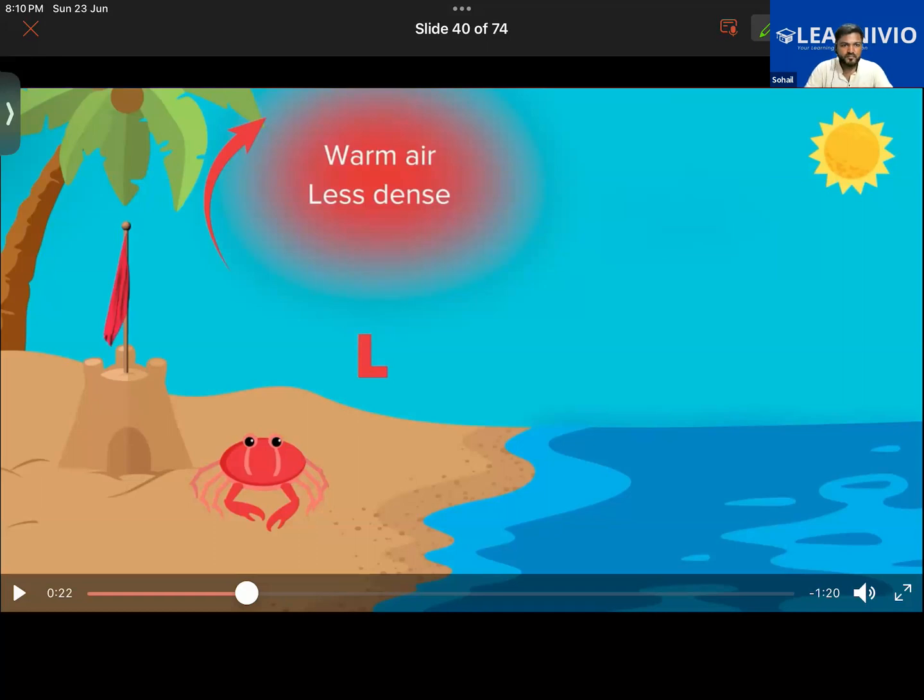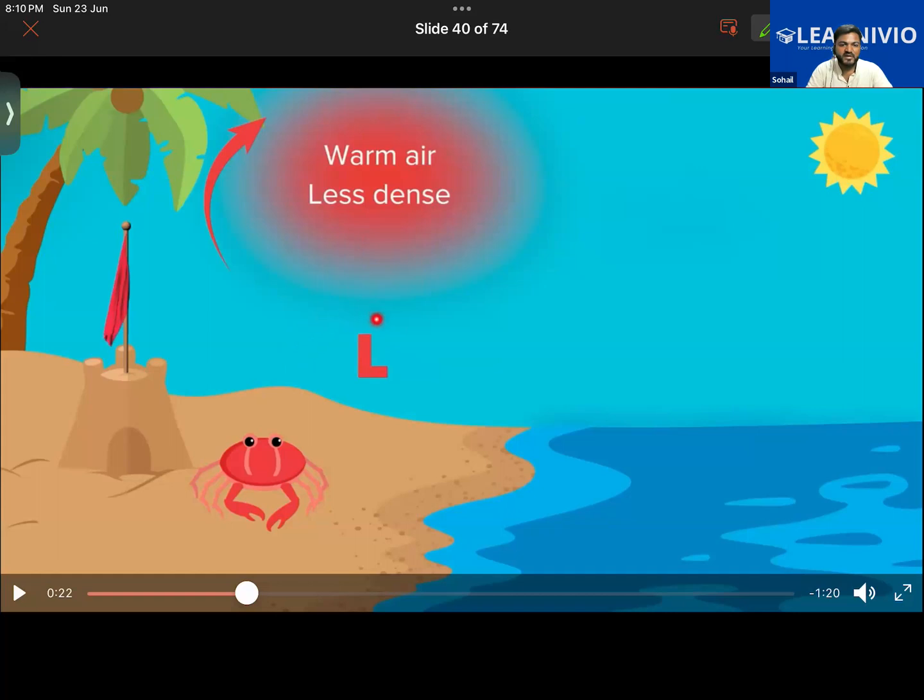Right now we are talking about sea breeze and land breeze. See, during the daytime, it's the property of land that it heats up faster and also cools down faster. So during the daytime, the air above the land will be warmer compared to the air above the water body. Warm air is less dense and lighter in weight, so it rises up.